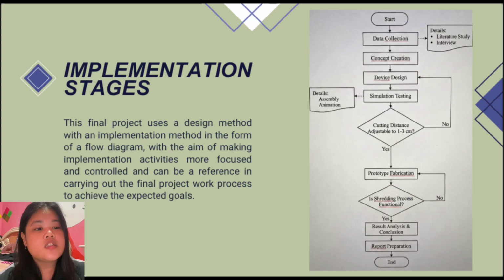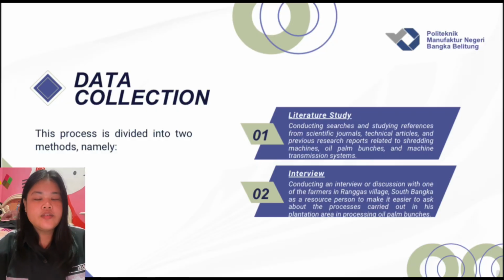This sub-chapter contains a flowchart, as shown in the image on the right. The reason for using a flowchart is to ensure that the final assignment is completed in a focused manner and does not stray from the original topic. Next, there is data collection.